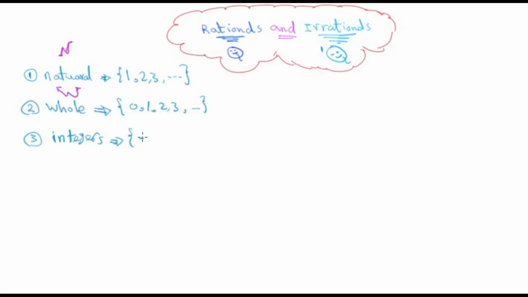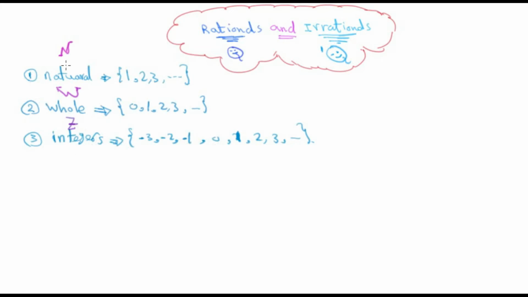The left side is negative numbers, like -2 and -1, and we have 0. On the right side we have 1 and 2 and 3 and so on. So we have negative integers and positive integers, and between them 0, which is neither negative nor positive. People also symbolize this group of numbers by the letter Z, and Z means integers.